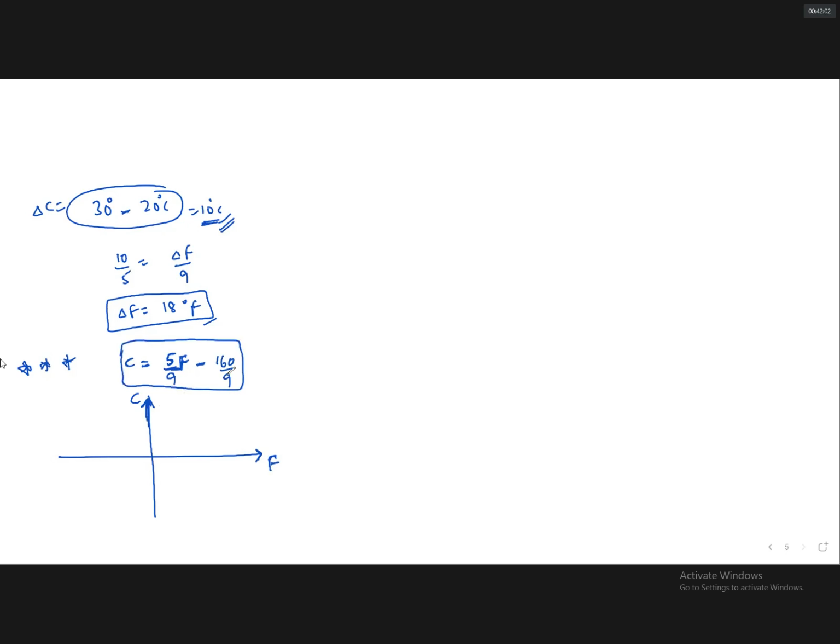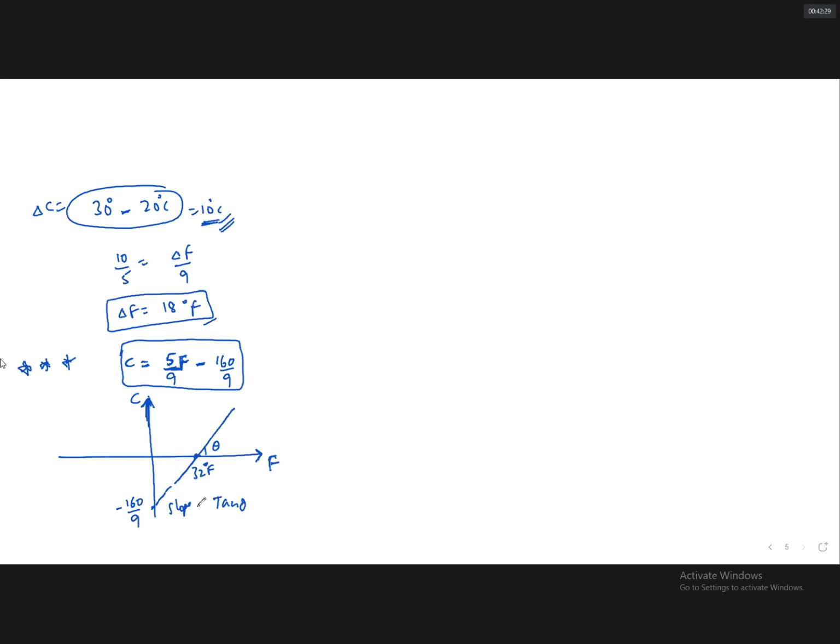Here we have a negative y-intercept on the Celsius scale and a positive slope. So the graph will be like this. It will intersect the negative y-axis at minus 160 by 9, and when C is equal to 0, F is equal to 32 degree Fahrenheit.